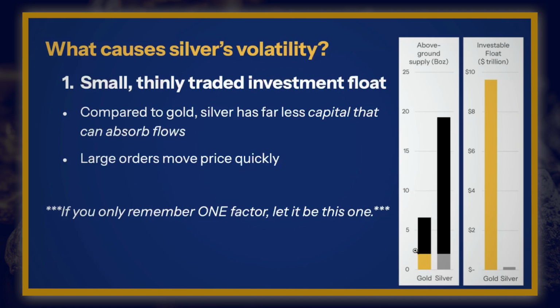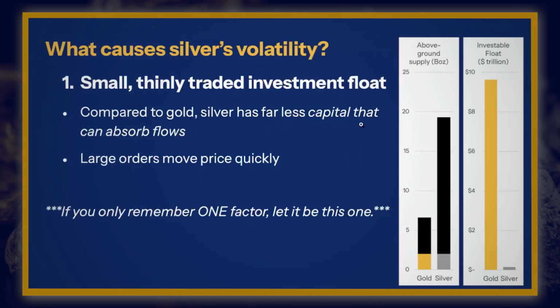So the 2 metals, gold and silver, have about the same float. However, it's not the number of ounces that matters, it's the dollar value that it can absorb. And so when we multiply those ounces by today's price, we see that the investable float for gold is far greater than that of silver. It's basically whatever the gold-silver ratio is, that's how much bigger it is. So I think right now it's about 65 times larger.